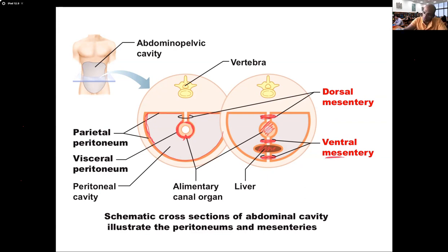So as you see on here, the gastrointestinal tract is connected posteriorly to the posterior wall of the abdominal cavity by the dorsal mesentery. And anteriorly, we're going to be connected to the liver, for example, at this level, and then to the anterior abdominal wall by the ventral mesentery. So we've got, again, two layers of the peritoneum, a visceral layer and a parietal layer.